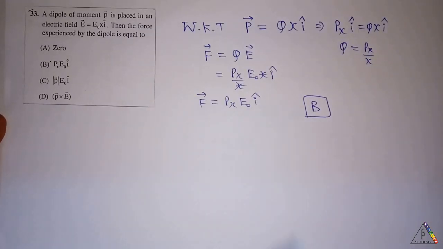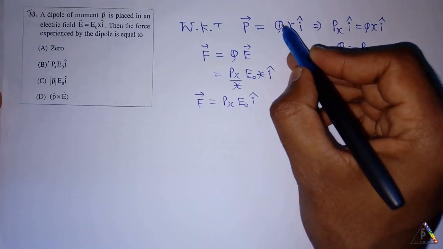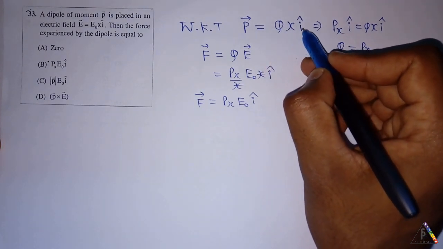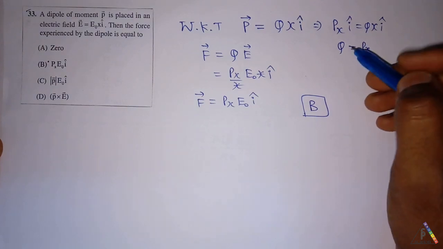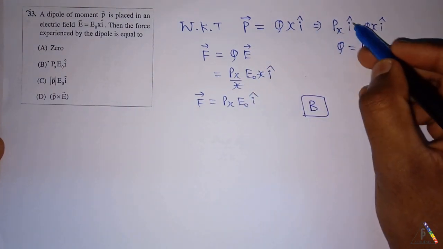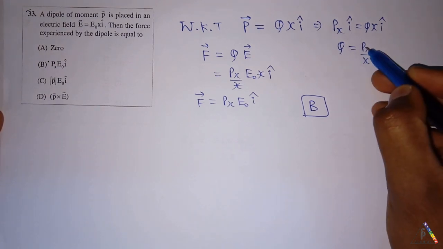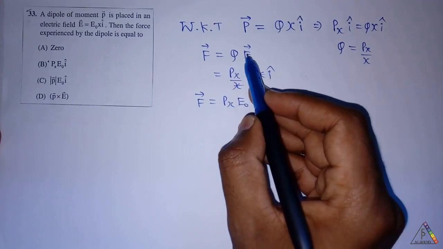C option. Next question is, a dipole of moment p vector is placed in an electric field E vector equals E naught x into i cap, then the force experienced by the dipole is equal to, we know that the dipole moment p vector equals charge into the distance of that charge from the origin along the distance direction, that is i cap along x-axis, and p vector is px into i cap, that is equals to q x into i cap, and we get the charge q as px by x, and we know that the force F equals charge into electric field.